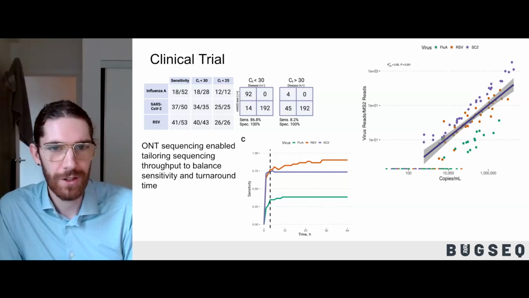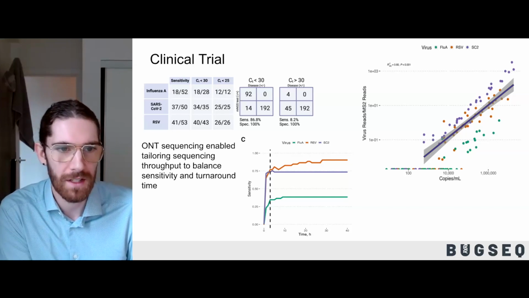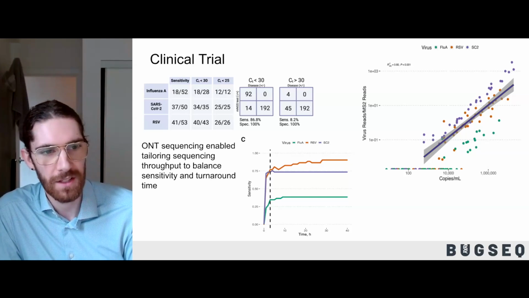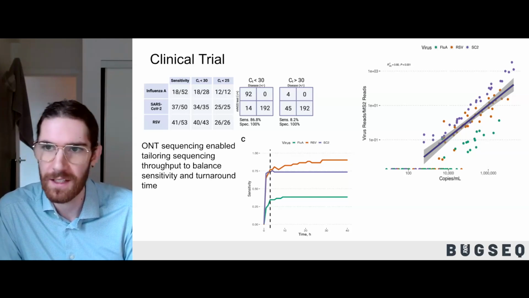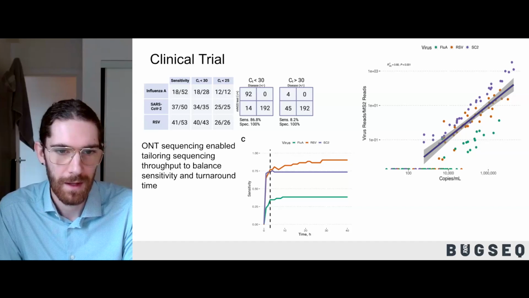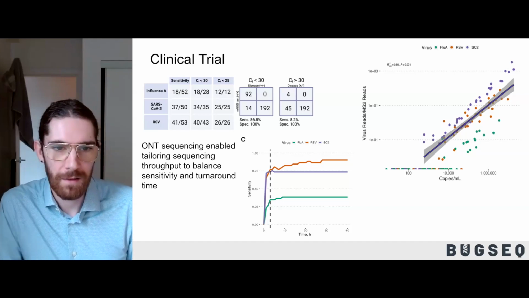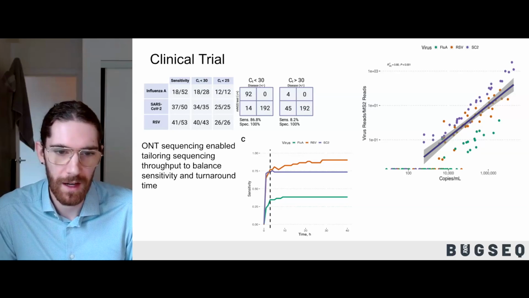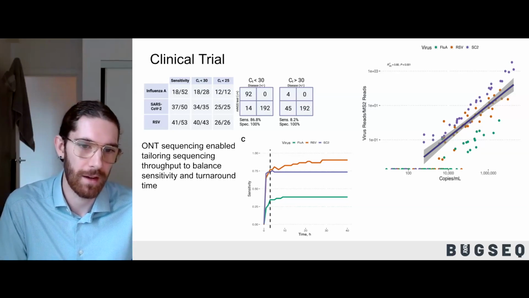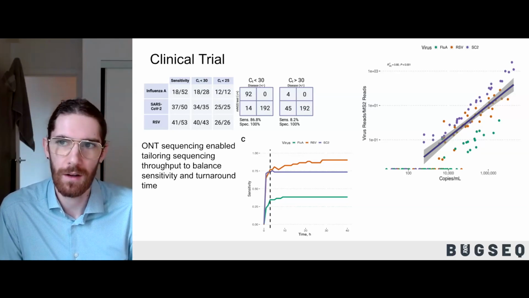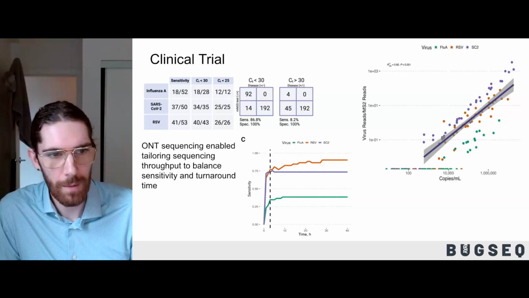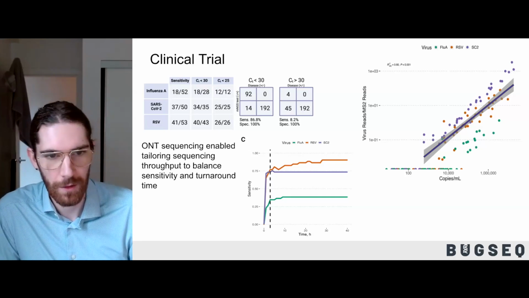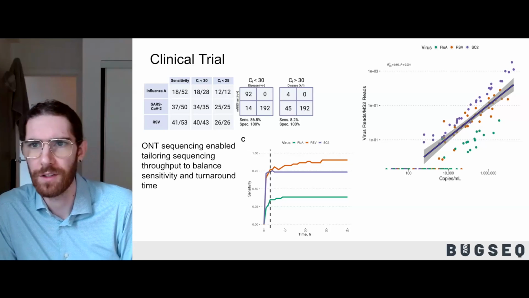Finally, one of the advantages to using this ONT-powered workflow was that it enabled us to tailor sequencing throughput to balance sensitivity with turnaround time. So when we ran the flow cells for the entire 48-hour duration and then performed a sensitivity analysis, we were able to show that that 3-hour sequencing turnaround time offered an optimal balance between sensitivity and turnaround time for clinical and diagnostic applications.